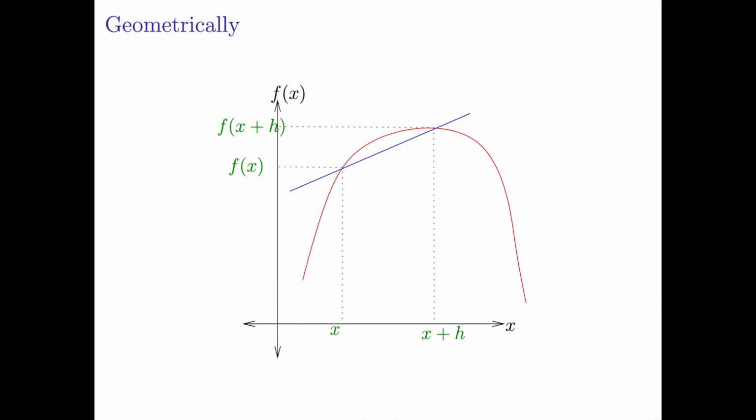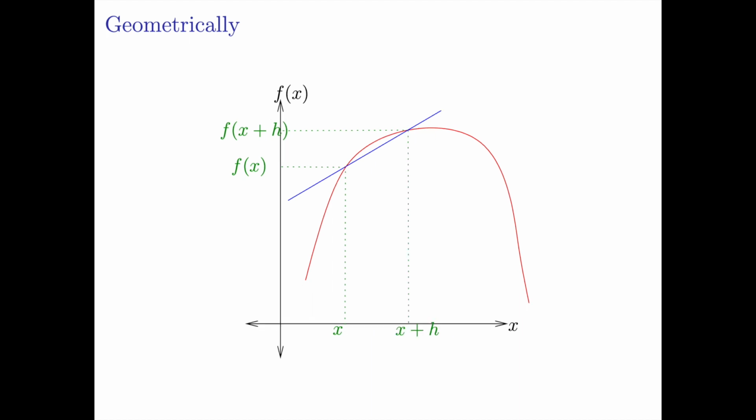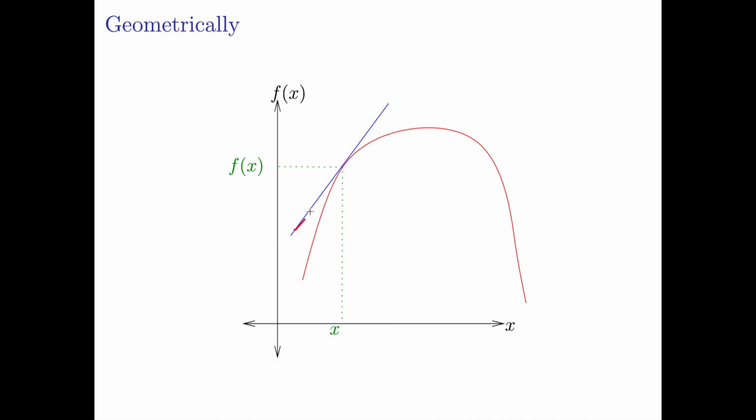Let's try and make h a little bit smaller. Now we've got the slope of this line. And we're going to keep going until h is so small that we can barely distinguish between x and x plus h. And that's when we're going to end up with this line here. And that line is what we call a tangent to the curve of f of x. So the curve of f of x is given by this, and this line just barely touches the curve of f of x at this point right here.